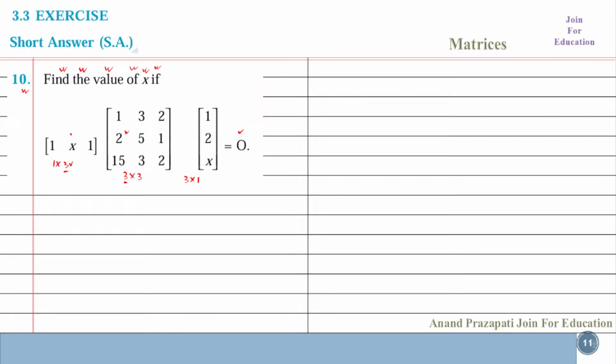Therefore this matrix and this matrix is possible for the multiplication, and after the multiplication we get a matrix and the order of the matrix will be 1 by 3. So let's see the solution of this question.